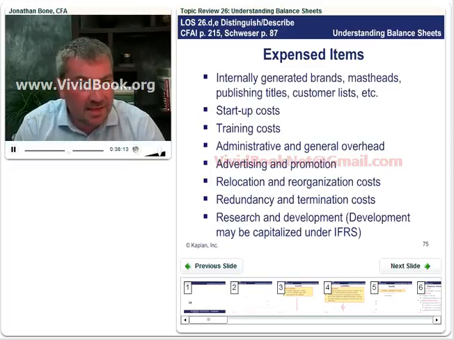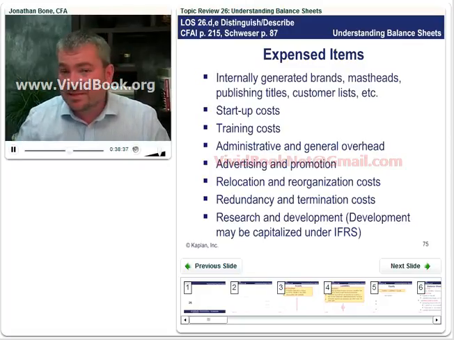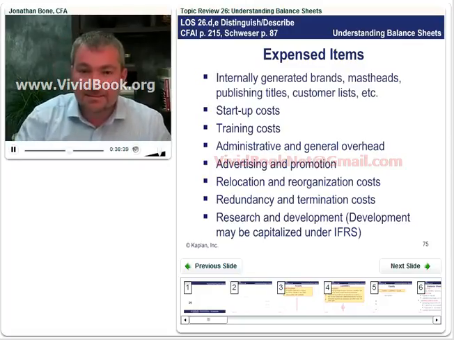Research is still going to be expensed through the income statement, but development may be capitalized if it meets certain criteria that are all looking at its future earnings potential. They're looking at the product. Have you established a market? Can you complete the product? Is it feasible to complete the product? Do you have the resources? Have you established there are customers, etc.? Okay, now again, you don't need to know the criteria for capitalization of development expenditure under IFRS.